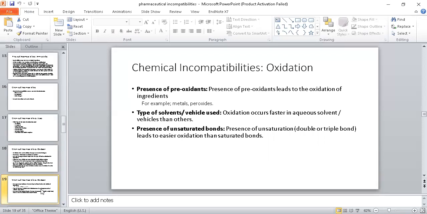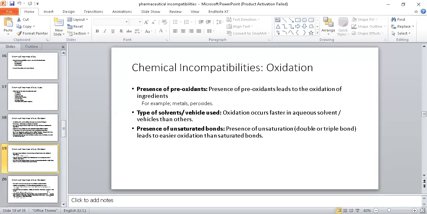Types of solvents or vehicle used: oxidation occurs faster in aqueous vehicles than in others. Presence of unsaturated bonds: presence of unsaturation, double or triple bonds, leads to easier oxidation than saturated bonds.